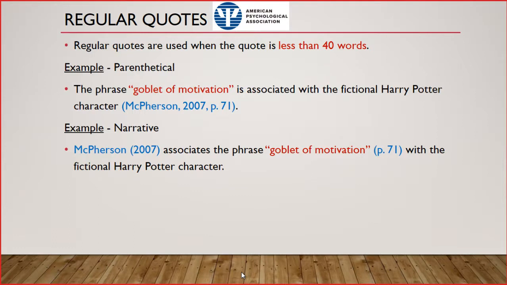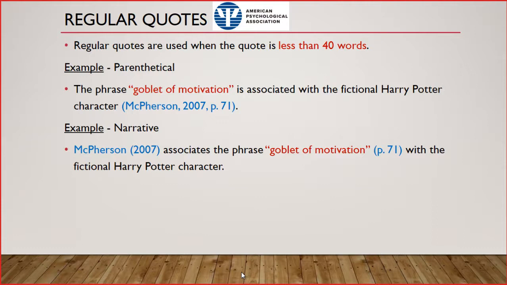For example, here, the same thing, but written differently: we have Macpherson, then a bracket 2007, associates the phrase goblet of motivation, bracket P.71, page 71, with the fictional Harry Potter character. You see that Macpherson is part of the sentence.